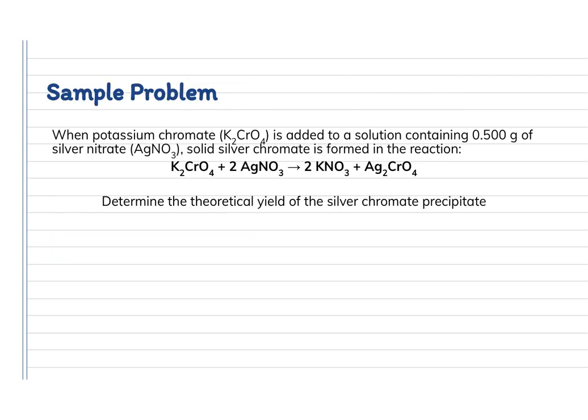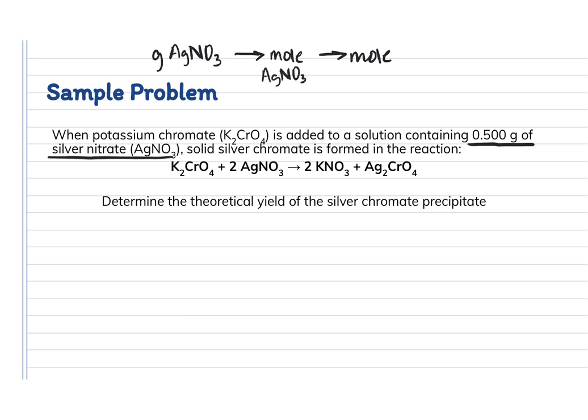So then how do we actually go through and solve the stoichiometry for this? We're going to be starting with 0.5 grams of silver nitrate. So I need to go from grams of AgNO3. If you remember in stoichiometry, we always are going to have a mole ratio. So I need to convert moles of silver nitrate into moles of what I'm looking for.